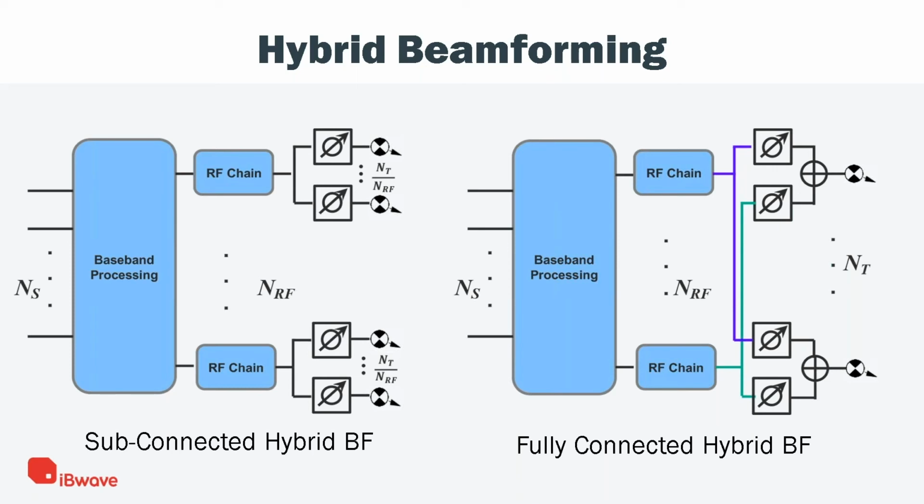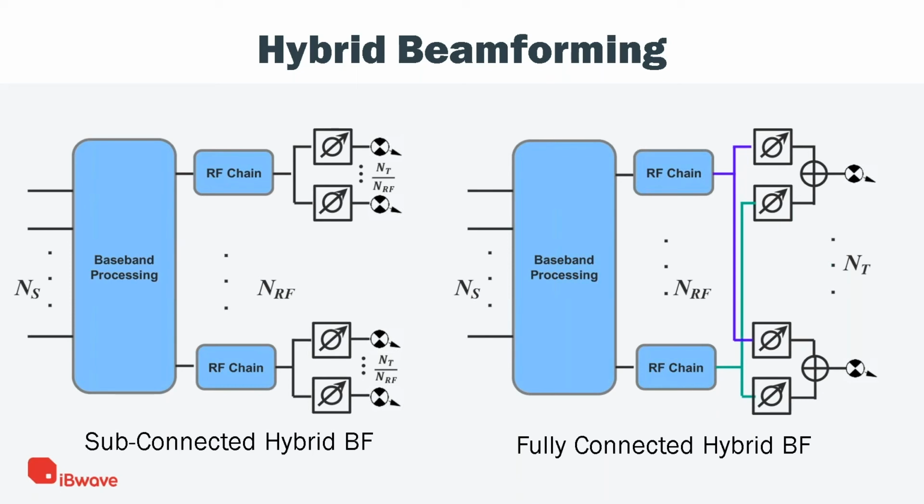And here is the main point for hybrid beamforming. The goal is really to reduce the number of RF chains that we have seen in digital beamforming, to reduce the complexity. And after this RF chain, of course, you have all this analog beamforming, and the number of antenna elements of your antenna array should be greater than the number of RF chains.